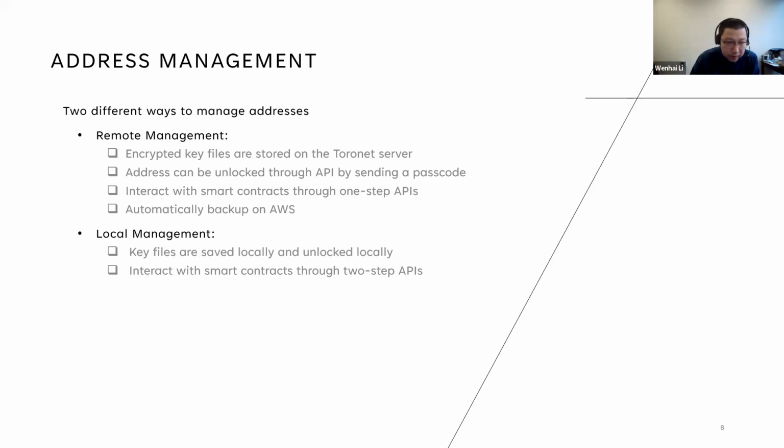If someone loses their key file, they lose their private key, maybe they lose everything. Okay, they cannot get things back. By doing it this way, you keep the key file on our server, and all the key files are automatically backed up on Amazon cloud services. So it's pretty safe there. Okay, that is the good part.